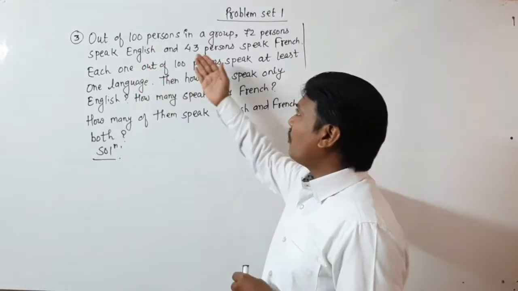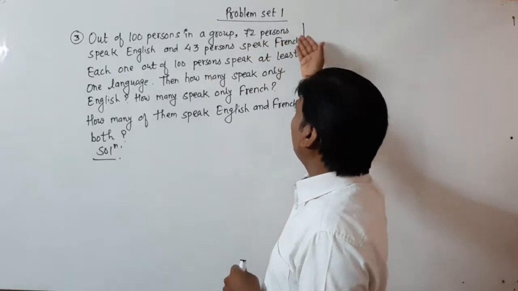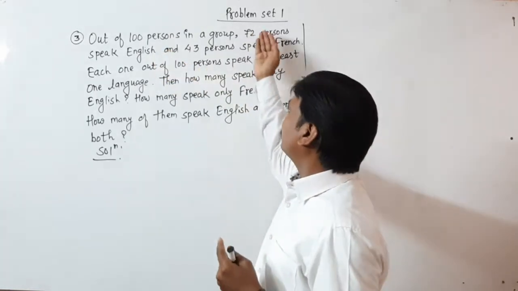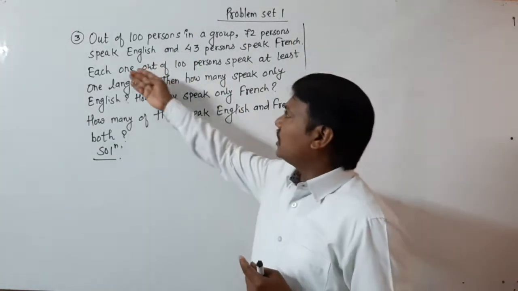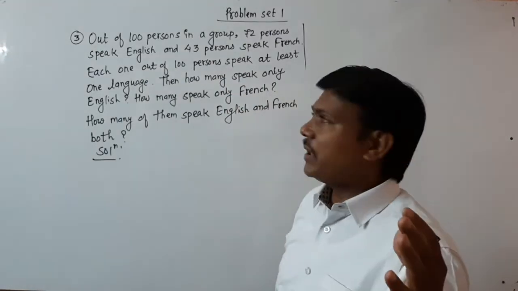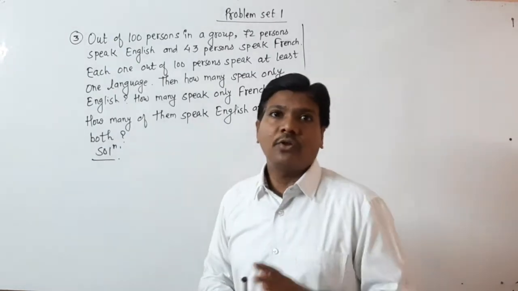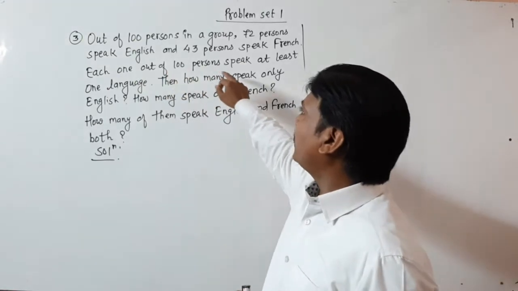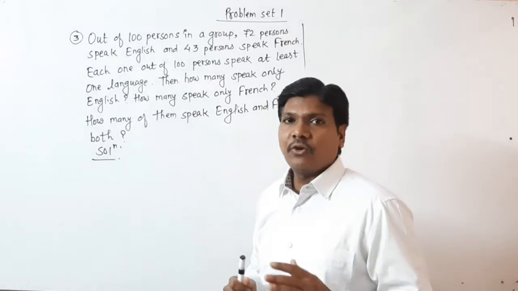Say out of 100 persons in a group, 72 persons speak English and 43 persons speak French. Each one out of 100 persons speaks at least one language. So here 100 is not a universal set, because it is given that each one speaks at least one language, so we take this as a union.